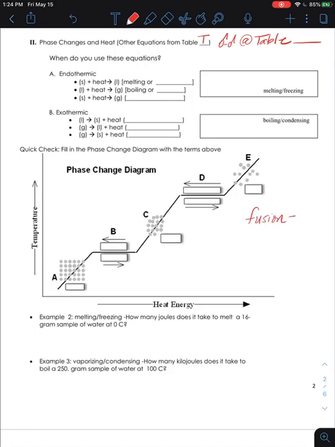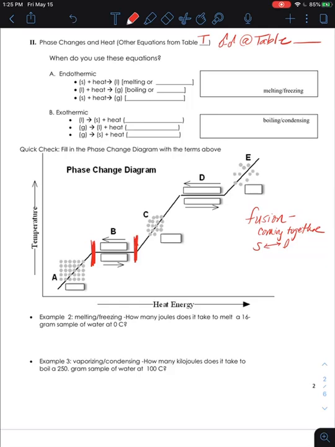We've seen this in nuclear chemistry, kind of putting together. Okay, so let's just say coming together. However, when it comes to the phase change diagram, fusion is going to be this spot right here. So fusion, coming together between a solid and a liquid.